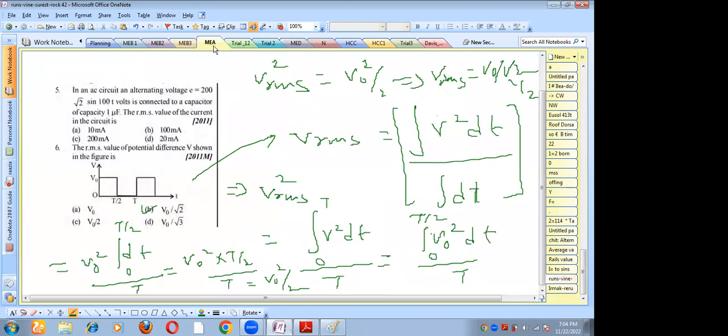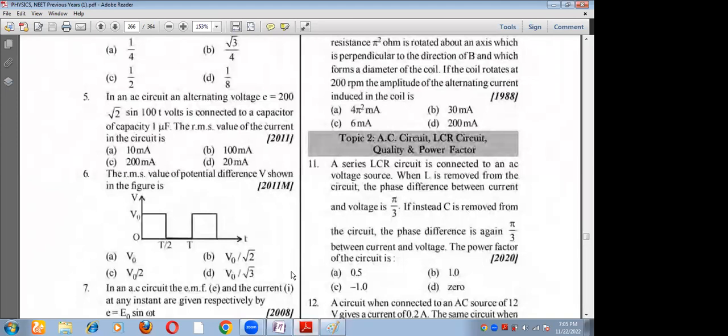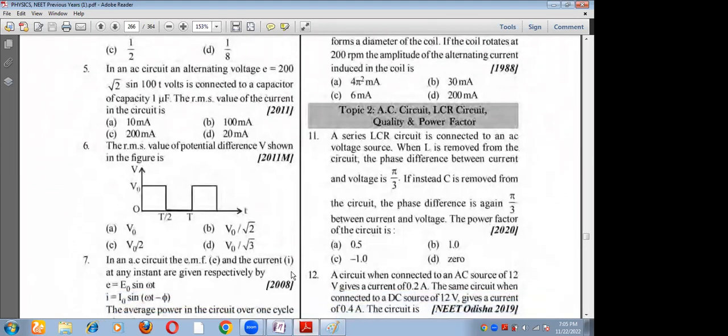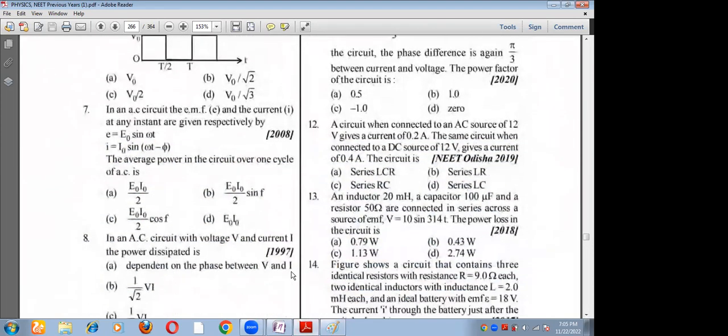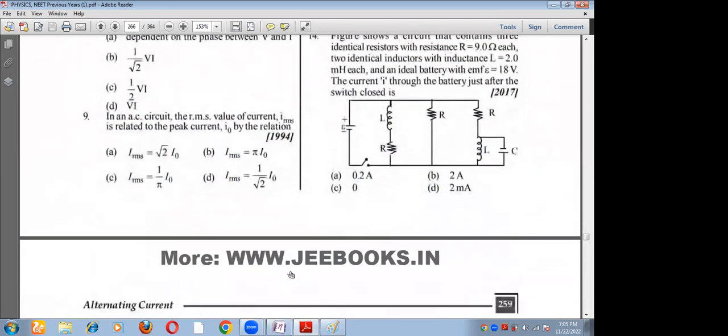Your answer was correct. You have given 20, right? Have you calculated in the same way? Into the next question. Question 9 you can easily do.